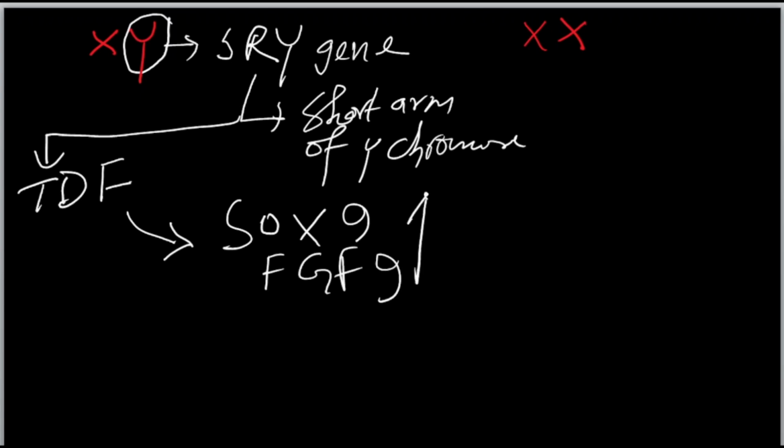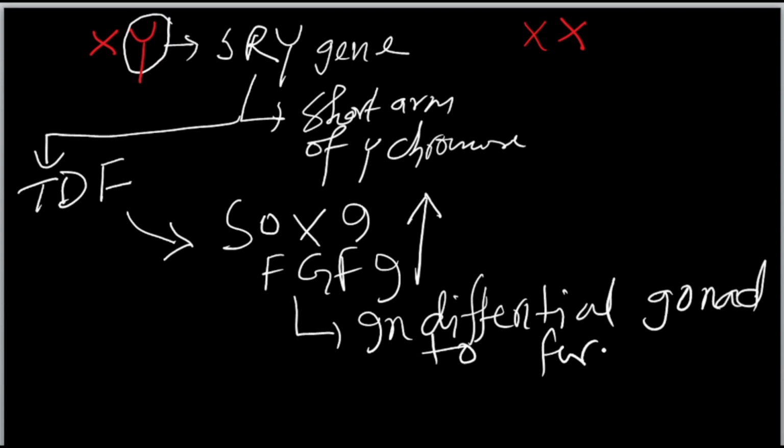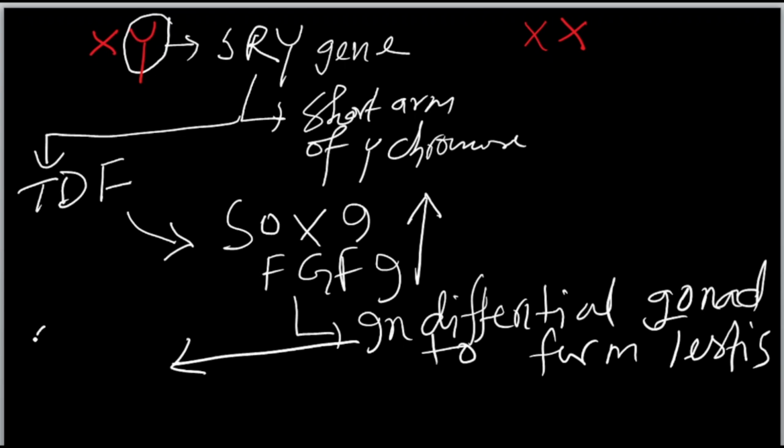These two genes are also upregulated, and then these cause the indifferent gonad to form testis. It occurs within the 6th to 9th week of gestational age.